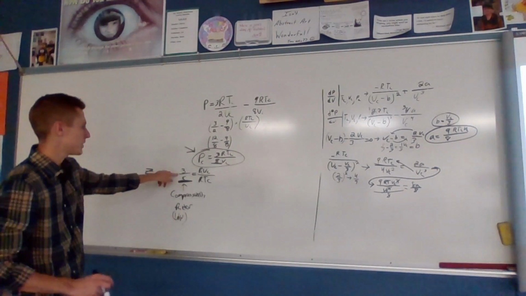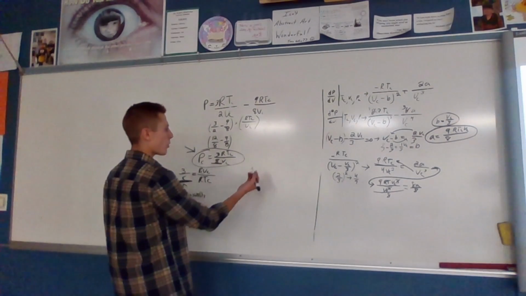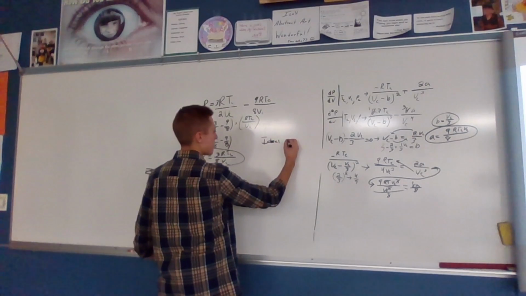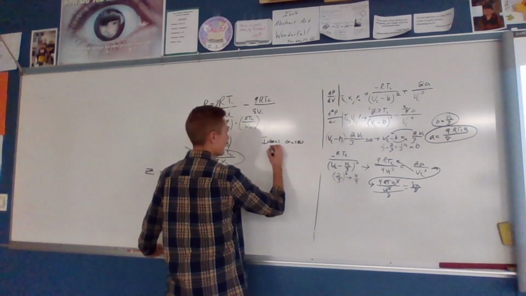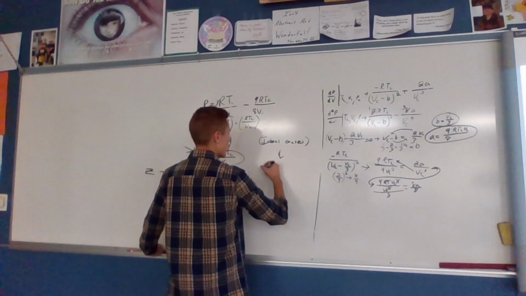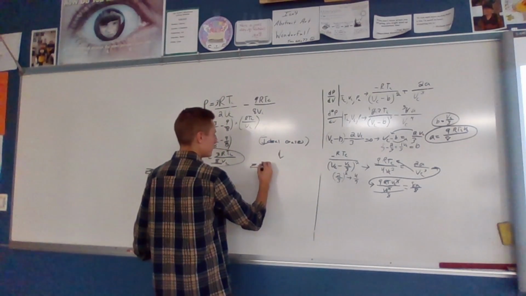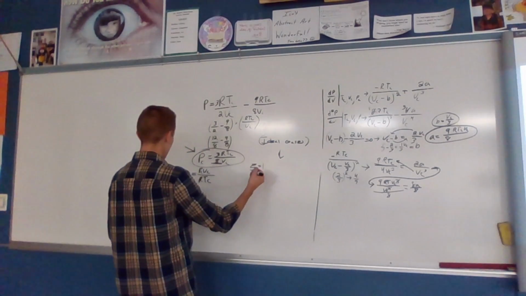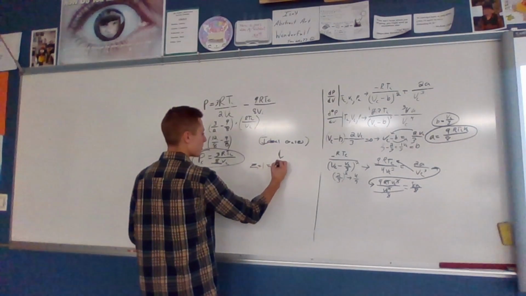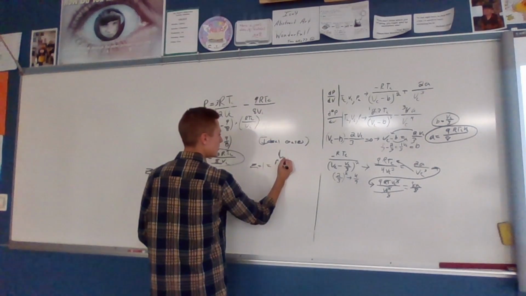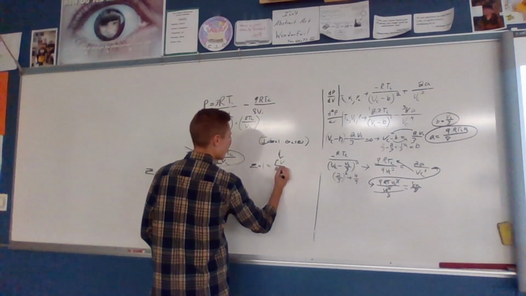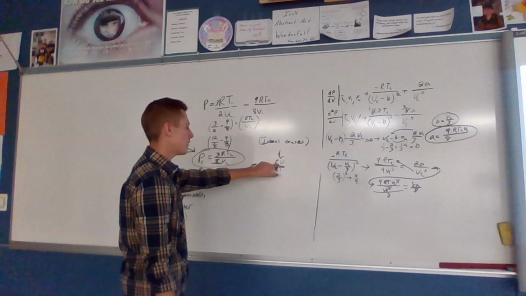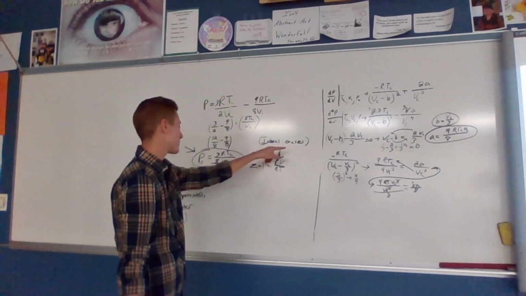This is what we're looking for, our compressibility factor. Now for ideal gases, your compressibility factor is always going to be 1, equals our pressure. And notice how this is at values not at the critical point, for ideal gases.